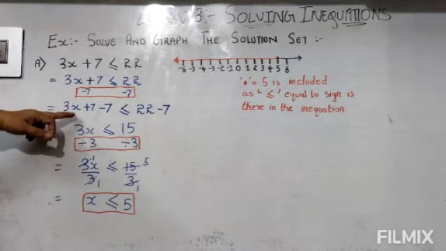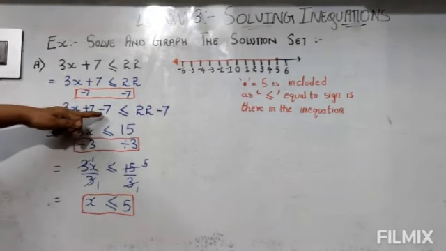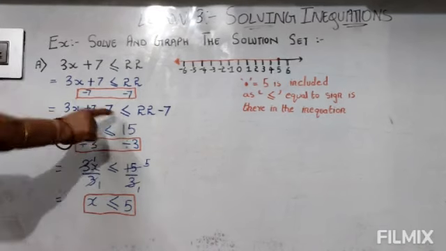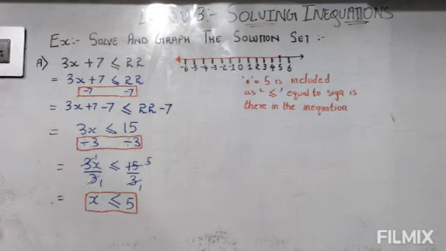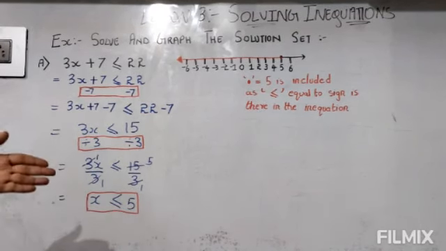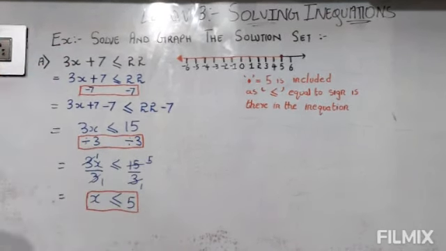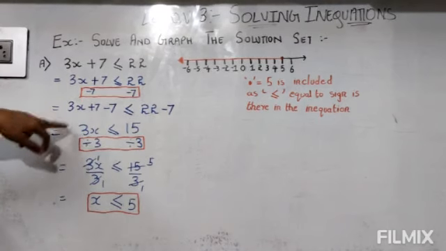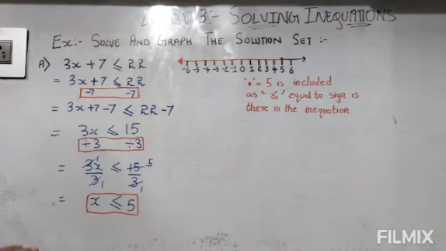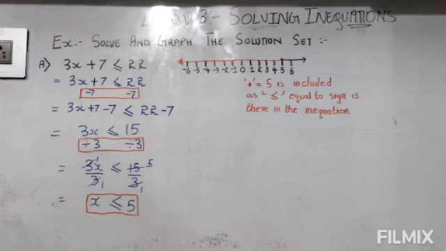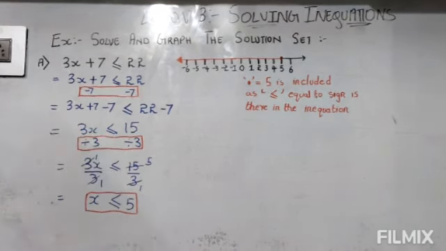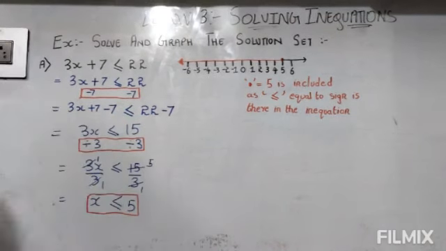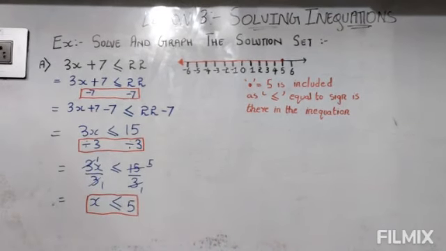So 3x plus 7 minus 7 is lesser than or equal to 22 minus 7. You should perform the inverse operation on both sides. So this plus 7 and minus 7 will get cancelled. 3x is lesser than or equal to 22 minus 7, which is 15.